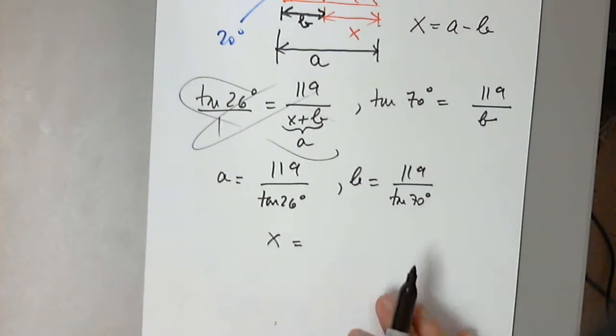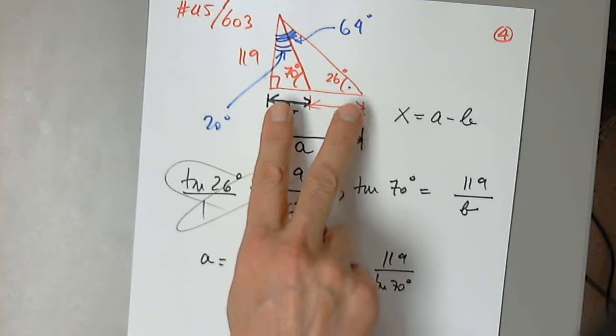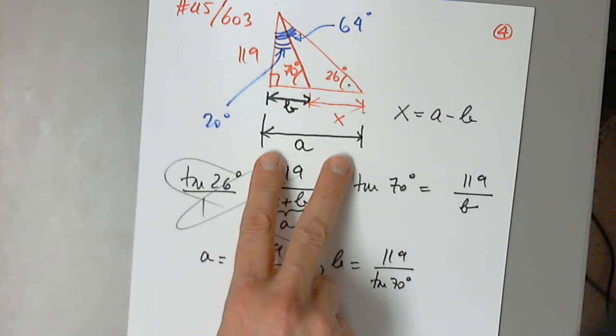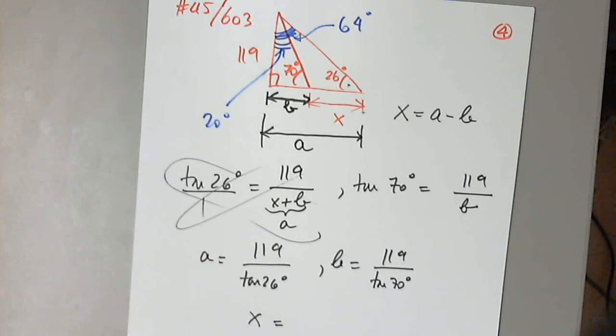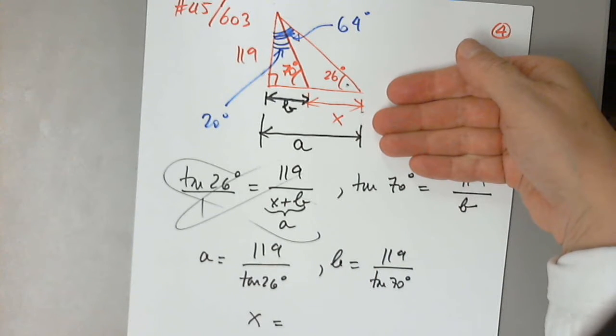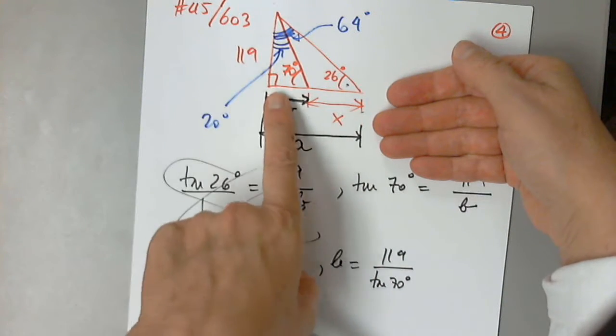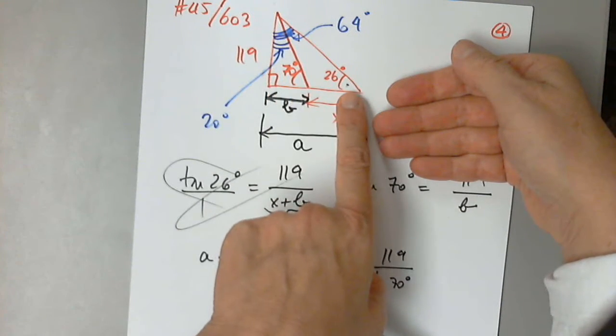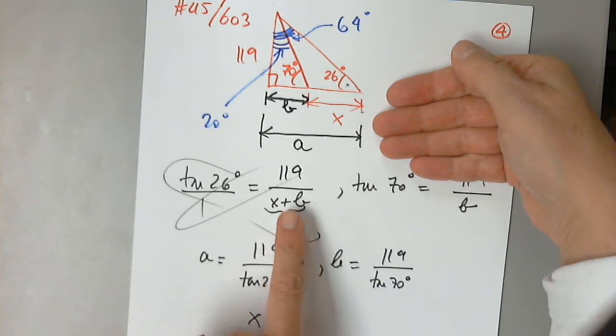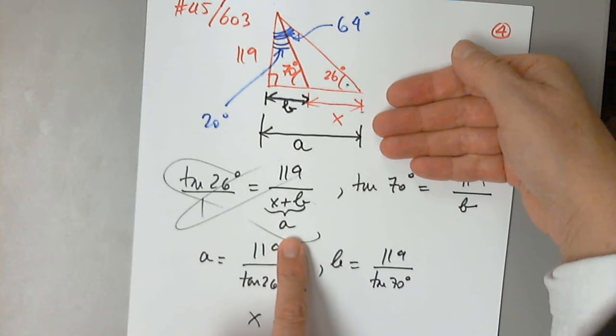How did you get x plus b equals a there? Because you have x minus b. Or yeah, sorry, I have x equals a minus b. Oh, that's what you're trying to solve for? So when I use tangent 26, I have the opposite leg over the adjacent leg, so I have 119 over A. Is that okay? Yeah.